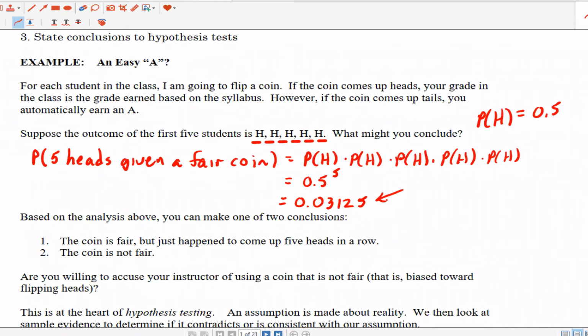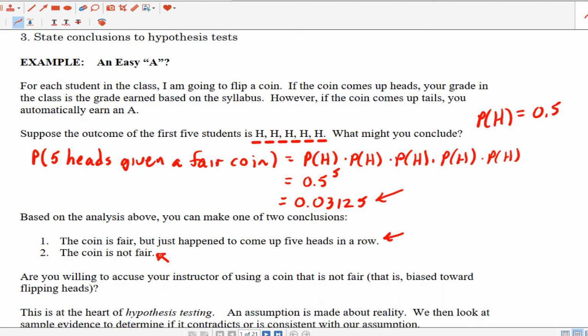But here's the thing. There's one of two possibilities here. Possibility number one is the coin really is fair and we just happen to get 5 heads in a row. In other words, all those students were unlucky. The second possibility is what Scott implied, and that is that the coin is not fair and is somehow more weighted towards getting a head.